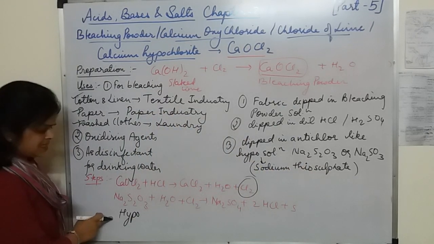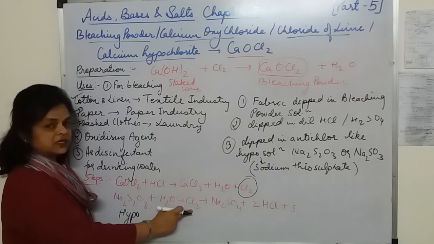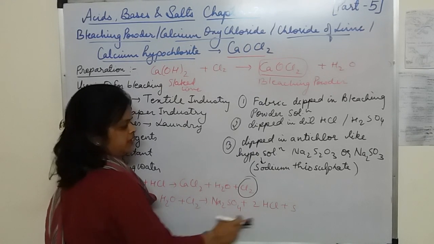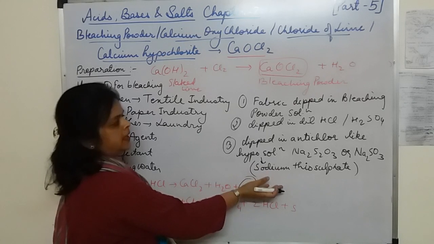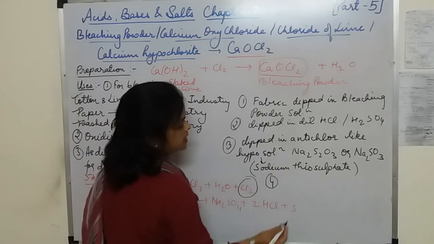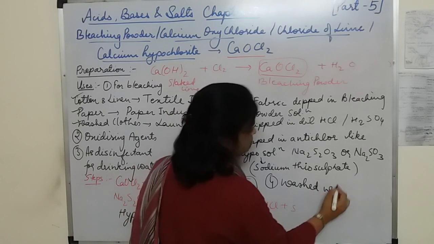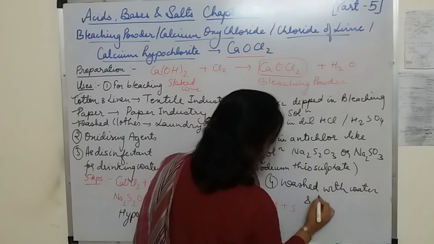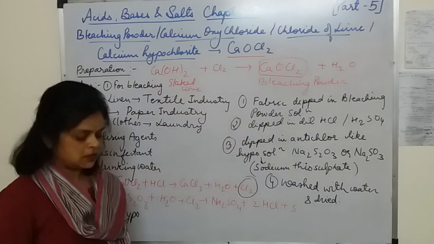Now this hypo solution, it reacts with water and Cl2 and it converts that excess of chlorine into HCl, sodium sulfate and sulfur. So after taking out from the anti-chlor solution, finally washed with water. It is finally washed with water and dried. So in the 4 steps, the bleaching action is performed.